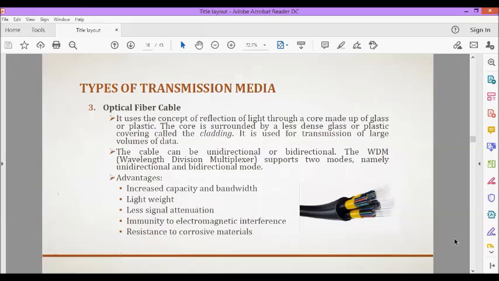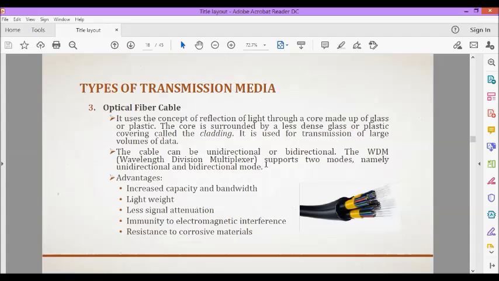The third one is optical fiber cable. It uses the concept of reflection of light through a core made up of glass or plastic. The core is surrounded by a less dense glass or plastic covering called the cladding. It is used for transmission of large volumes of data. The cable can be unidirectional or bidirectional.